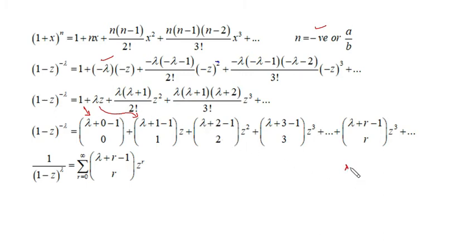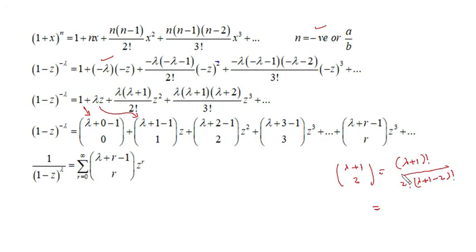So this thing is just lambda plus 2 minus 1, which is lambda plus 1, c2, and we know that the formula of this combination symbol is lambda plus 1 factorial over 2 factorial, and then the difference of these two terms, lambda plus 1 minus 2 factorial.